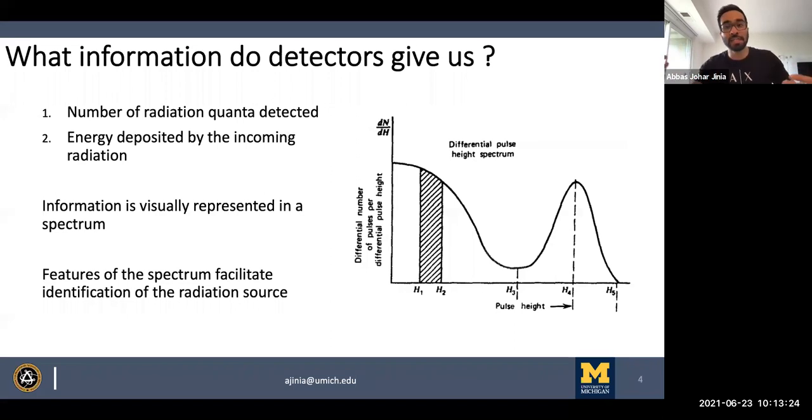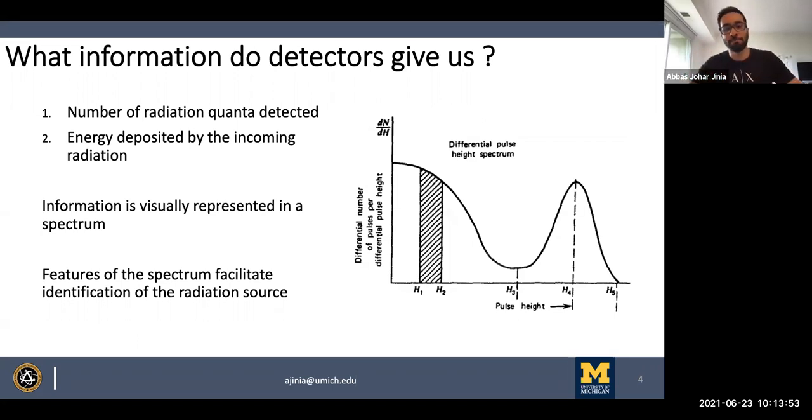Sometimes you have multiple sources present, like sodium-22, cesium, cobalt-60, etc. Then again, the presence of the energy lines will tell us that this particular source is present in front of the detector. So that is very useful information.